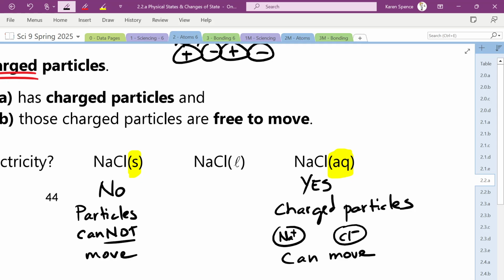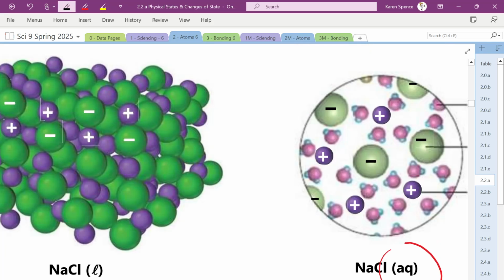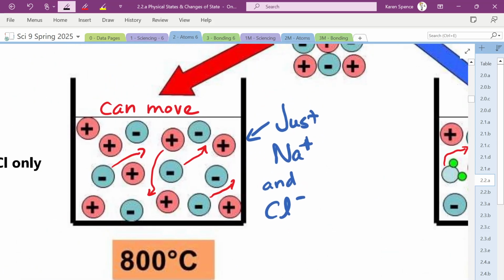So now I want you to predict what you think would be the case for the NaCl, the sodium chloride liquid. We're not going to actually do it because it would melt the wire, because it would have to be at 800 degrees. But what do you think? By looking at this little picture here, could melted sodium chloride, liquid sodium chloride, conduct electricity?